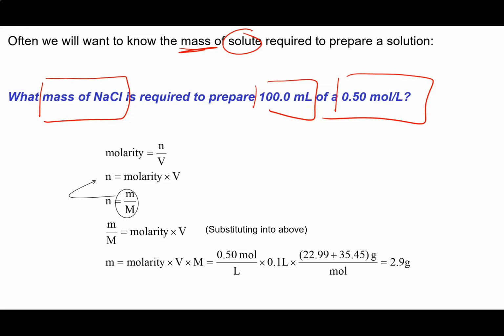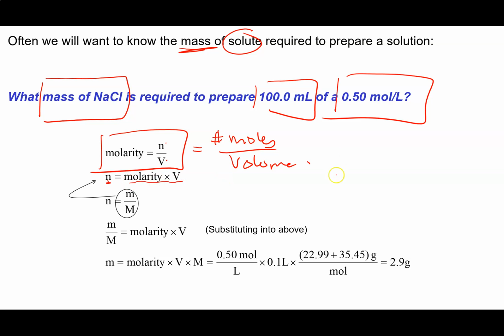And this problem looks kind of complicated to begin with, but we want to keep in mind our two formulas that we've got. So our molarity is equal to our number of moles divided by our volume. We can reorganize this so that the number of moles is just equal to the molarity times the volume.